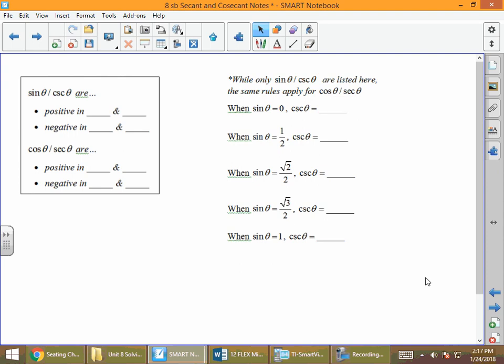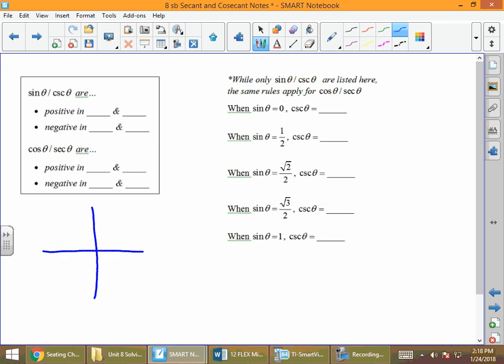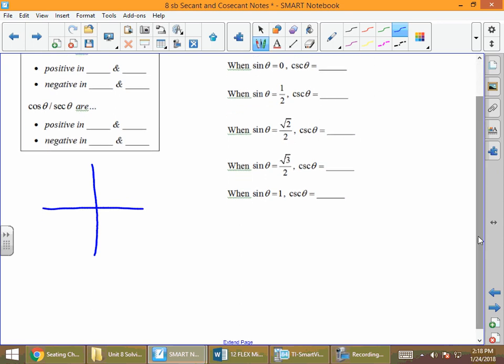So I may have gotten a little bit redundant here on this page that's farther down in your notes. Sine and cosecant of theta. Well, I want to go backwards for a moment here. In our last set of notes, when we were talking about the triangles in the trigonometry, we talked about All Students Take Calculus, and it actually wasn't in those notes, it was in the previous notes.